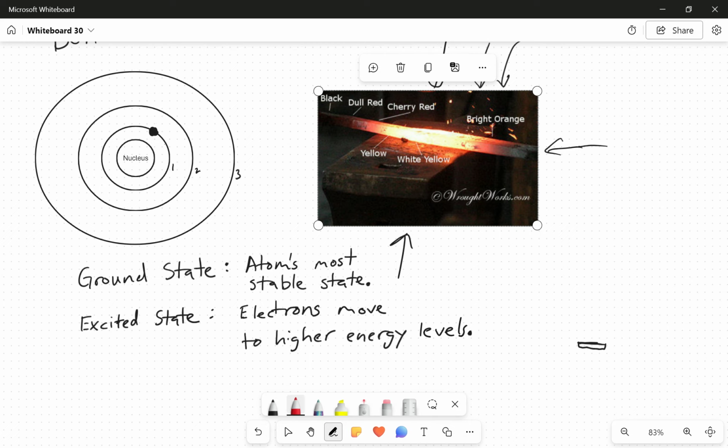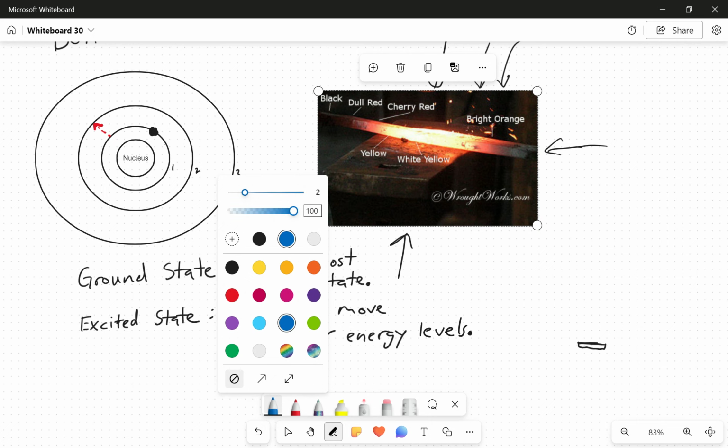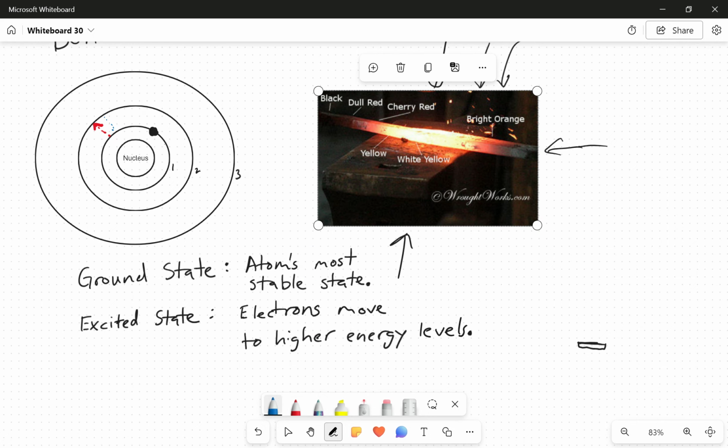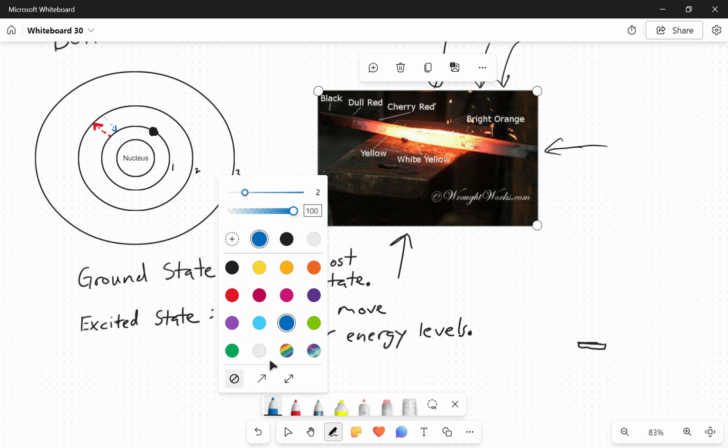So before, I had this electron going up to energy level 2, and then back down to 1, right? And that would be a specific color. So let's just pick a color. Let's just say that that is red.